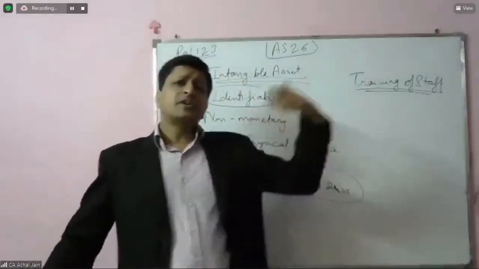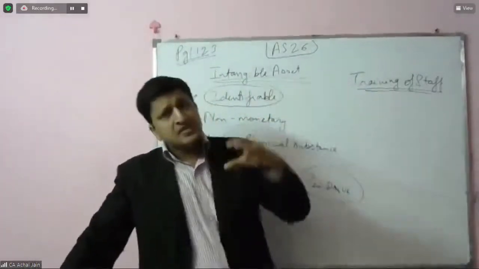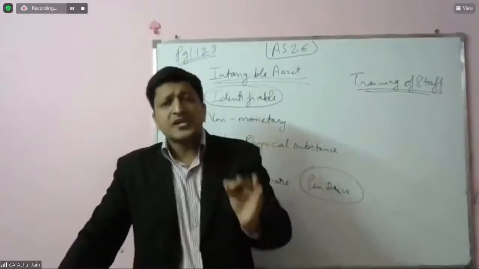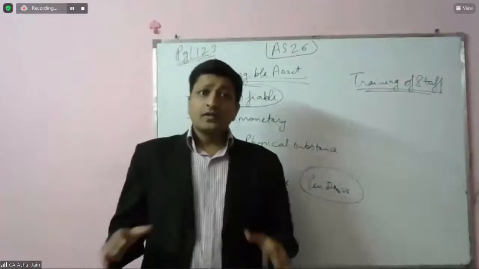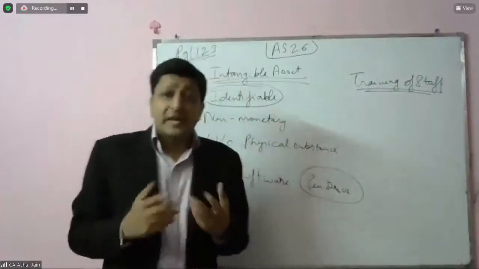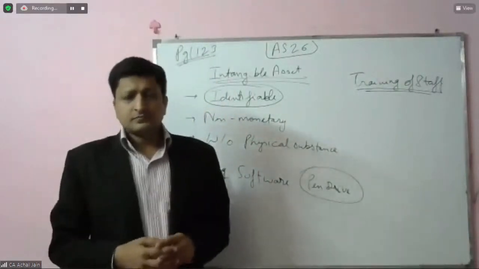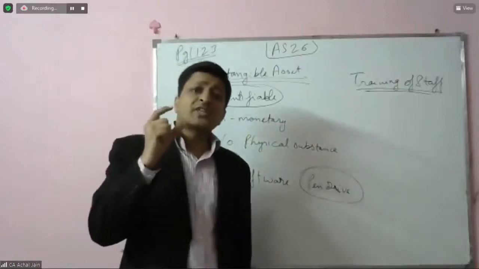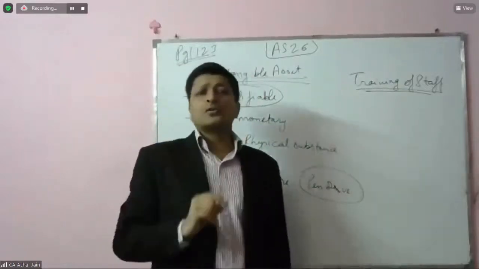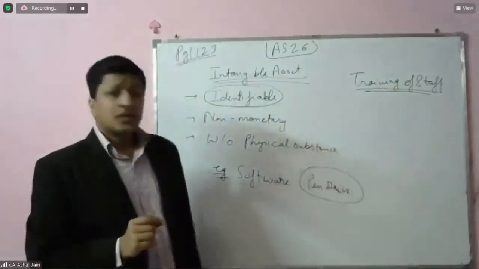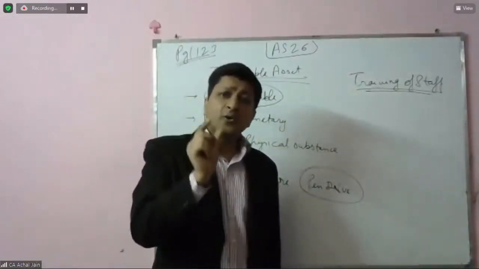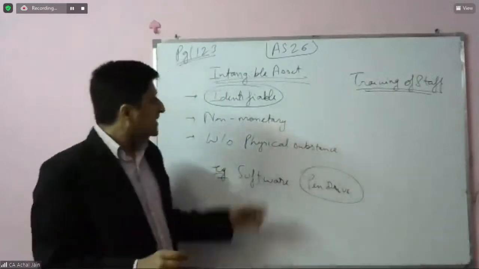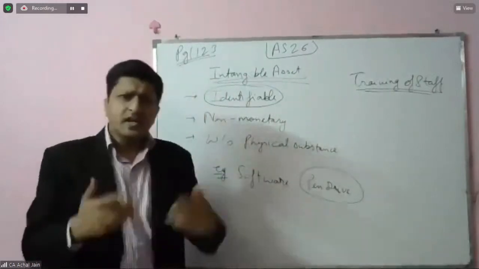So staff is not trained for anything, but for business purposes only, a specialized training has been imparted. Now, after this training is completed, the training cost which the entity has incurred on the staff, the question is, can it be considered as an intangible asset? So let's think about it.